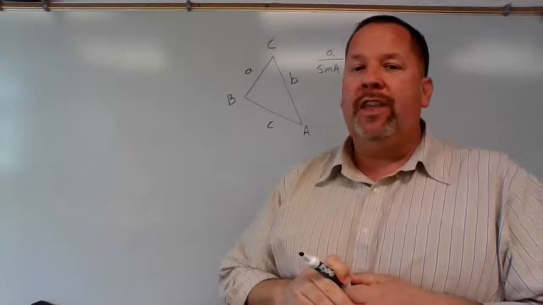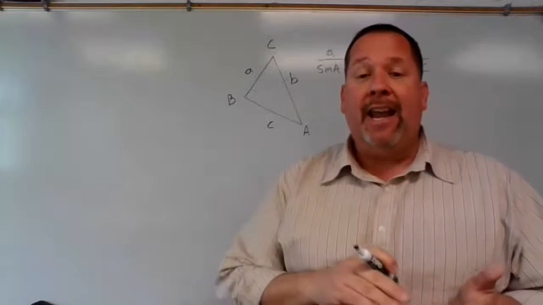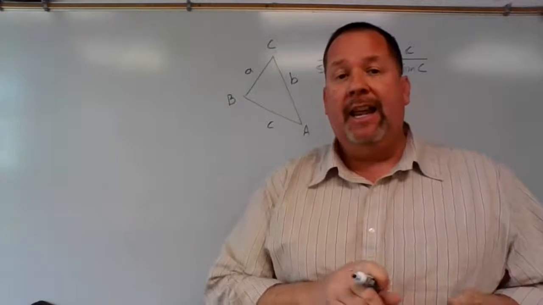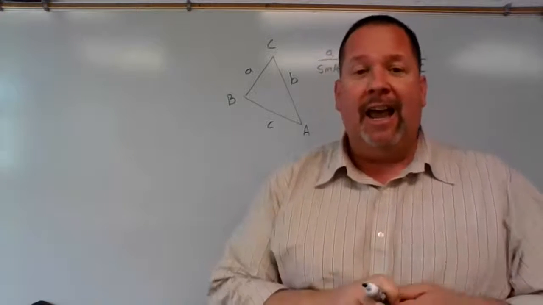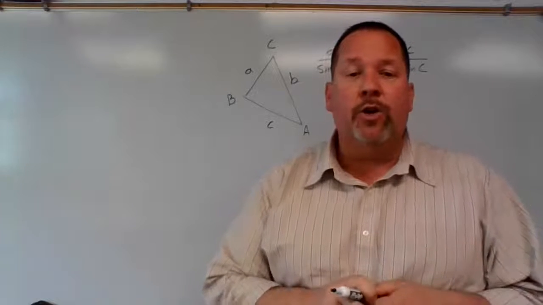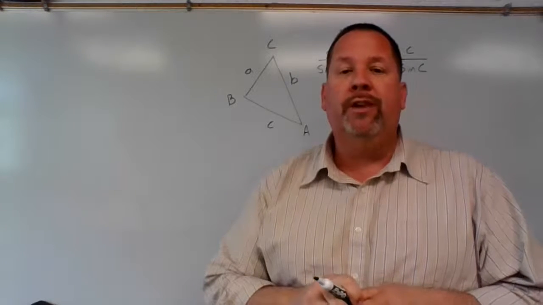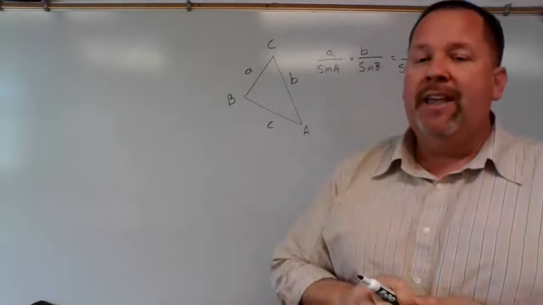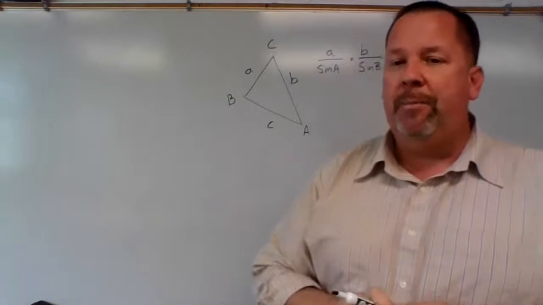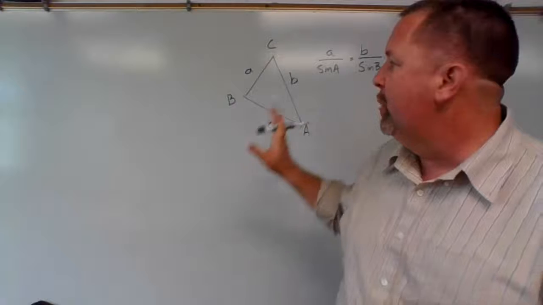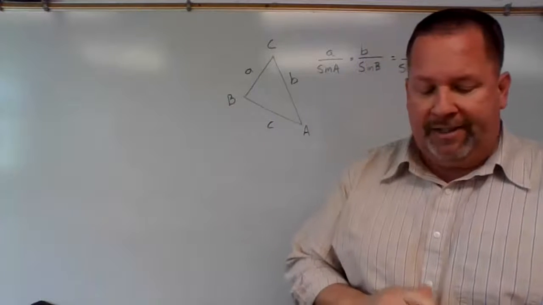So you learn things like angle side angle, angle angle side, side angle side, and side side side. All of those were legitimate ways to prove two triangles congruent. There was one that wasn't enough information, and we'll get to that one in a second as we deal with some of these law of sines questions.